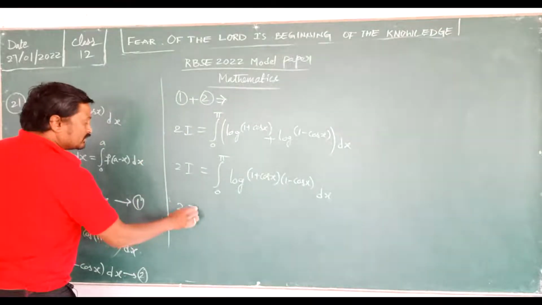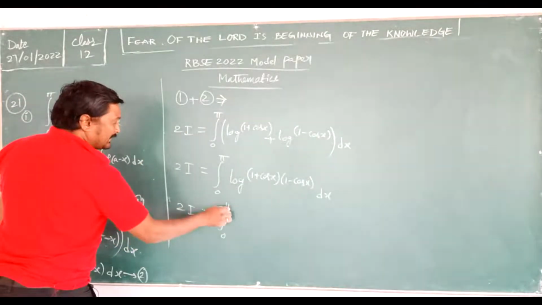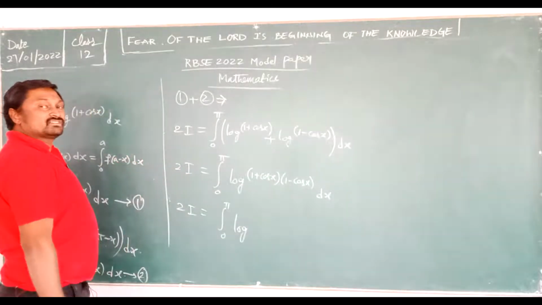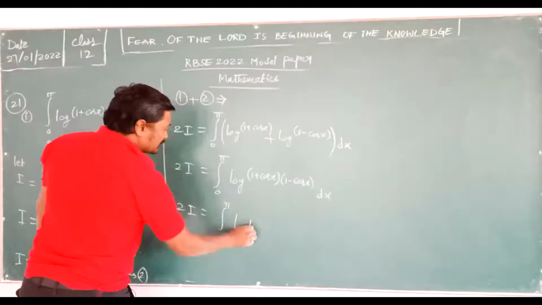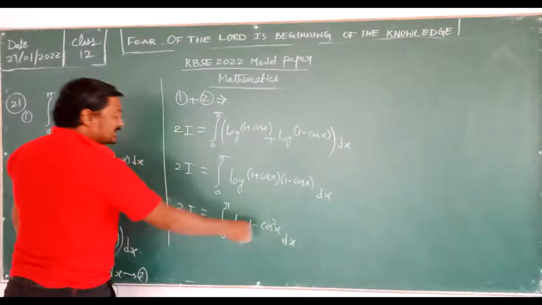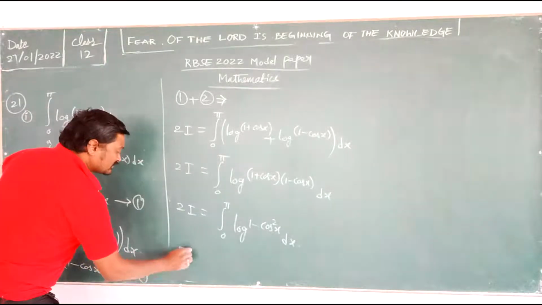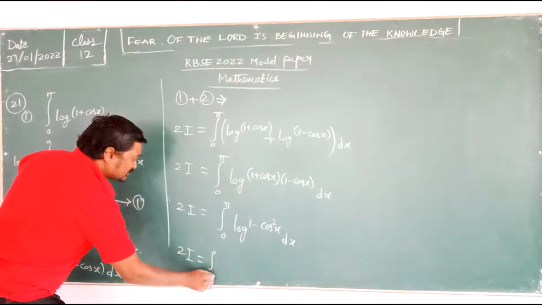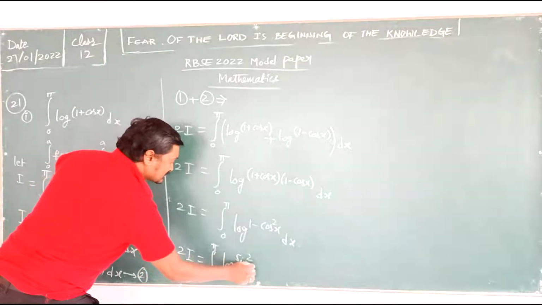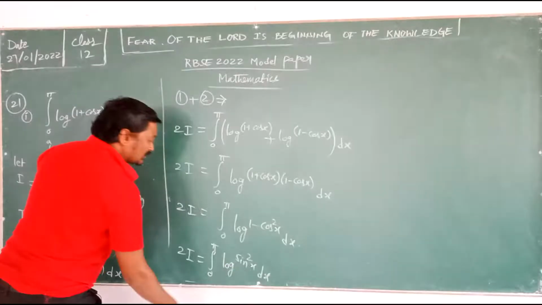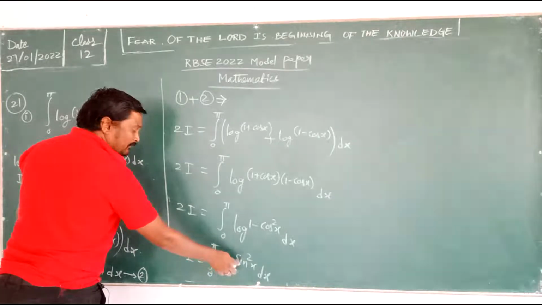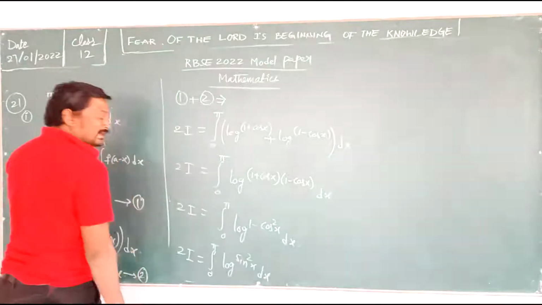Now 2I is equal to the integral from 0 to pi of log of (a plus b)(a minus b), which is a squared minus b squared, so 1 minus cos squared x dx. 1 minus cos squared x is sine squared x. So 2I is equal to the integral from 0 to pi of log of sine squared x dx. Now what are we doing here? Log of a to the power m is equal to m log a.